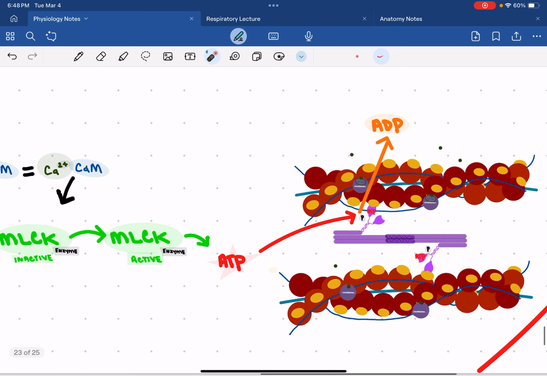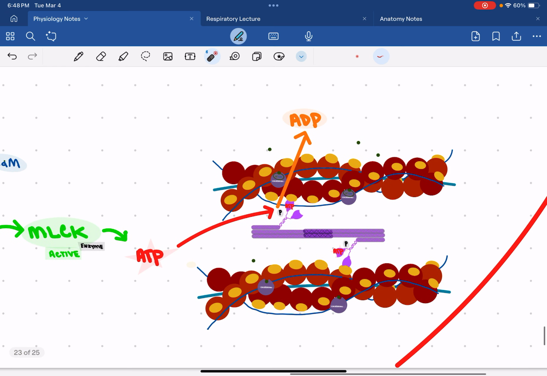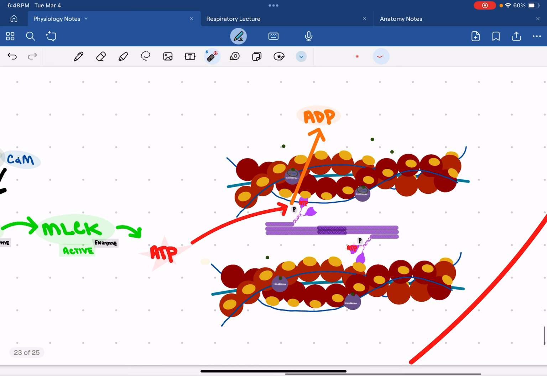It's important to know, and this is a little bit extra information, another huge difference between skeletal and smooth muscle. In skeletal muscle, calcium molecules come in and bind to troponin, which moves the tropomyosin strand off of these binding sites, and then the head could attach and do its thing, power stroke, and so on.